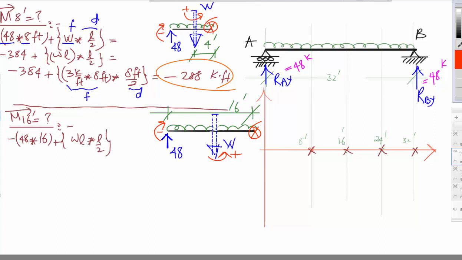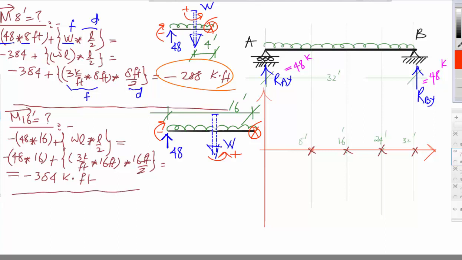I'll keep writing this to be able to show you how we derive this, if it is curve or line. So minus 48 multiplied by 16 plus W, which is 3 kip per foot multiplied by 16 feet multiplied by 16 feet divided by 2, is equal to minus 384 kip foot.